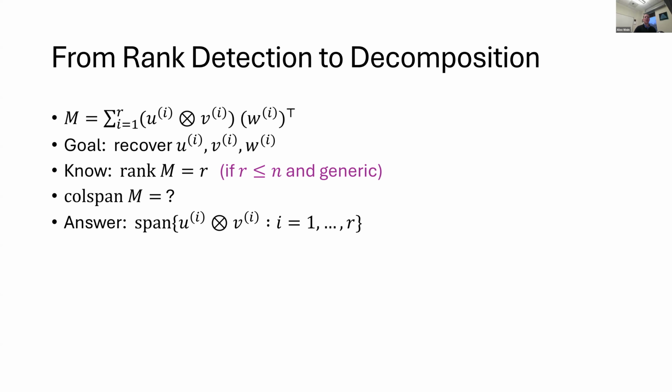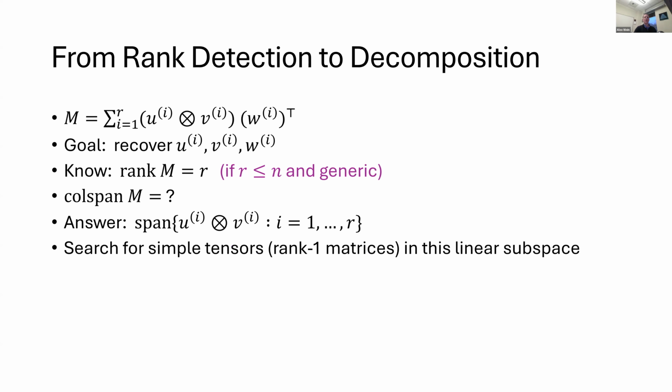So the column span will be precisely the span of those vectors. And if we can recover those vectors, we're basically done. So we're reduced to this question: you have a linear subspace and it contains some particular vectors in it, these vectors that have a special rank 1 form, U tensor V. And we want to pick those out from the subspace.